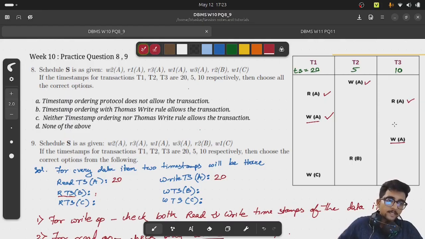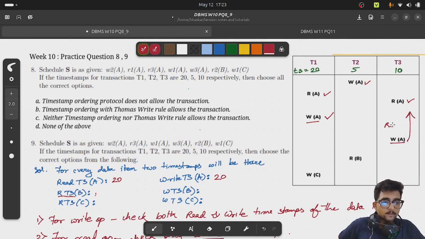According to the serial logic, I should have executed my operations first, right? But due to interleaving for gaining concurrency, the T1 transaction, which is a younger one and should have come later, has already read the value. So this is not a valid situation, and therefore I will not allow this. The timestamp ordering protocol will not allow this write to be executed, and it will simply roll back.